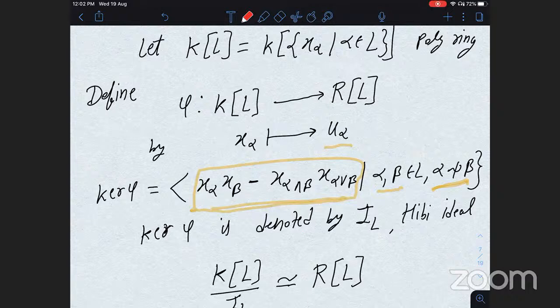My doubt is about whether you are considering the Hibi ring as R[L] or K[L] modulo I, because in the quotient the generators are not in the standard grading.